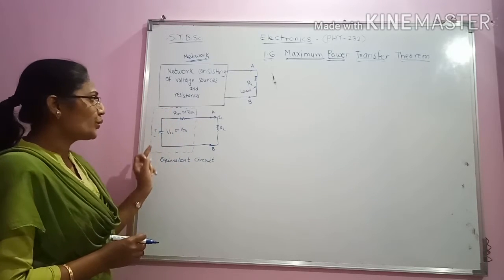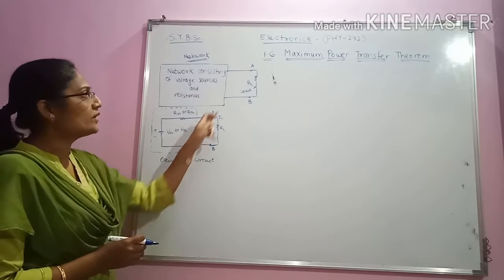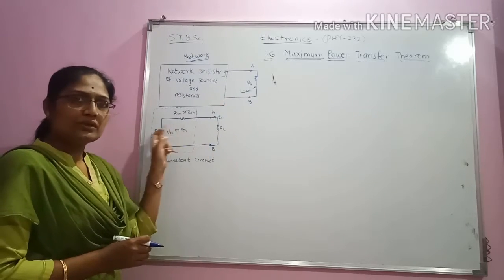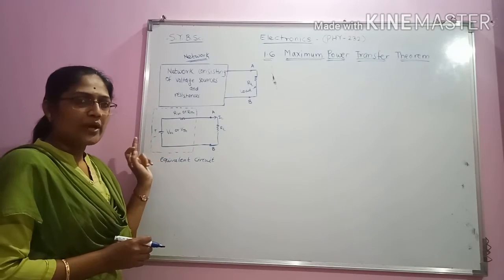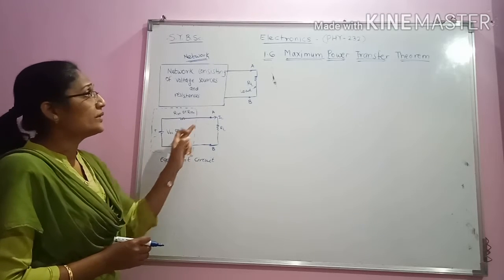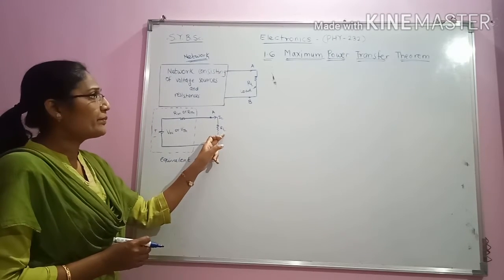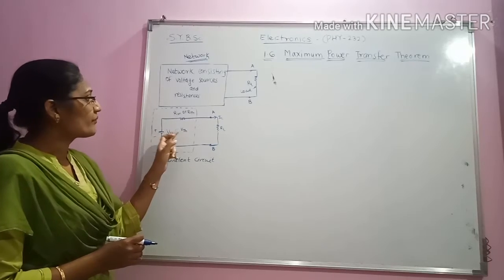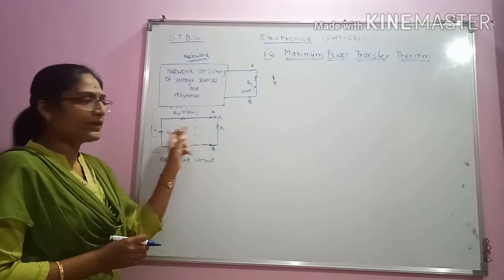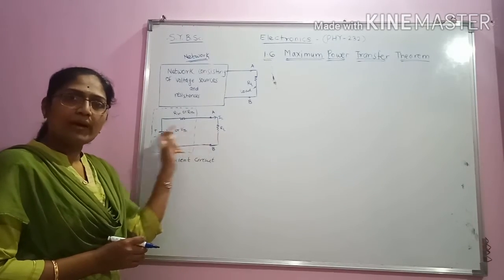Now the same is shown here, and this is the load which is applied to this network. And now we have to calculate the maximum power which can be delivered to this load by this network.